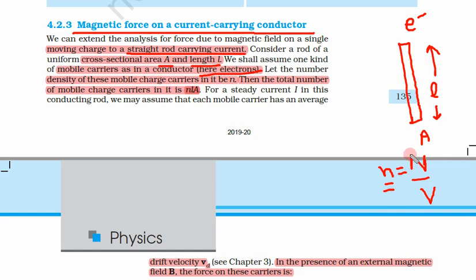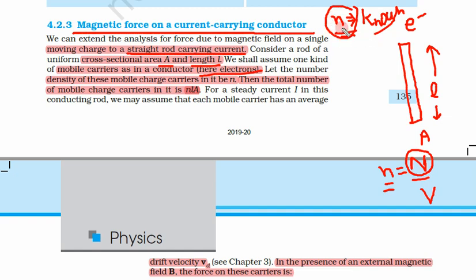You would be asking why we don't directly take capital N. The reason is that generally this small n, the charge carrier density, has already been calculated for most materials, whether it is copper or iron.